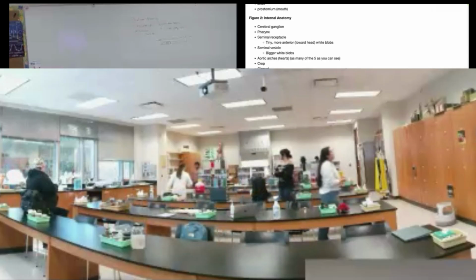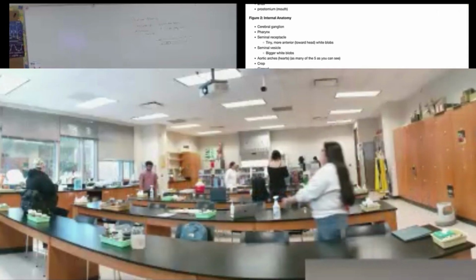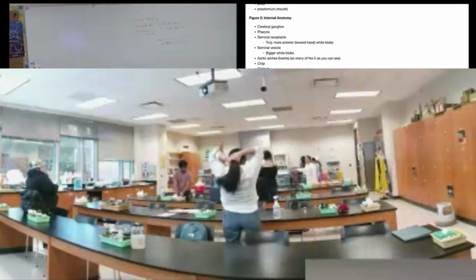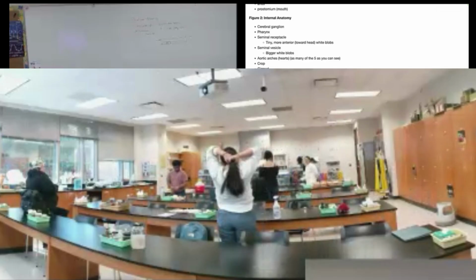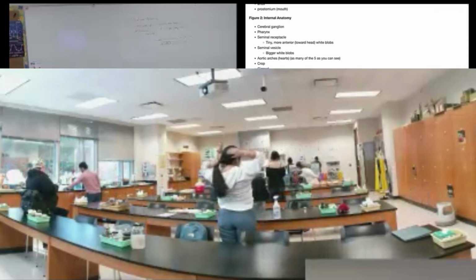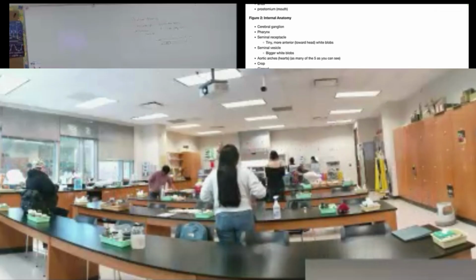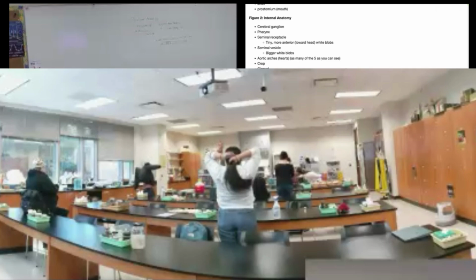We do have actually right here a dog with parasites in it. I don't think it had all of them, but they put in different parasites that can be found in dogs. So there's some nematode roundworm, there's some blue flatworms, I think, in the liver. Then a bunch in the intestines.